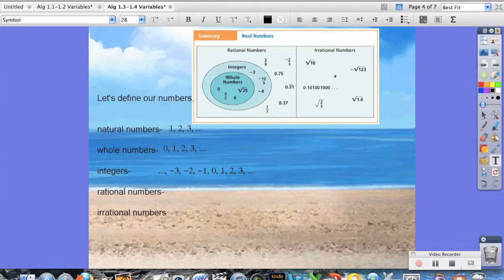Rational numbers are numbers that can be put into a fraction of whole numbers, or a fraction of integers rather. Irrational numbers is the easiest definition because they are numbers that are not rational.